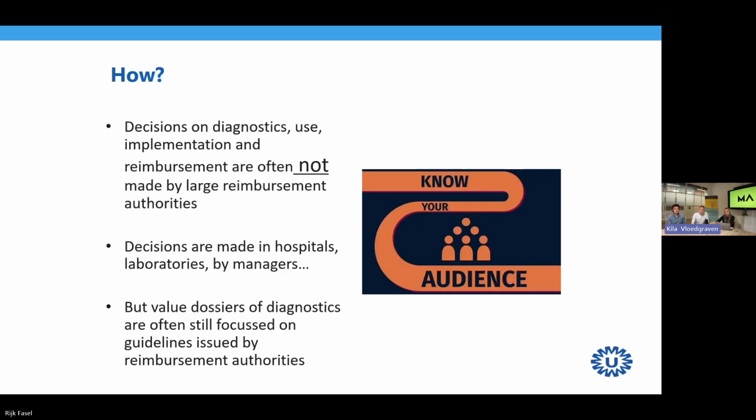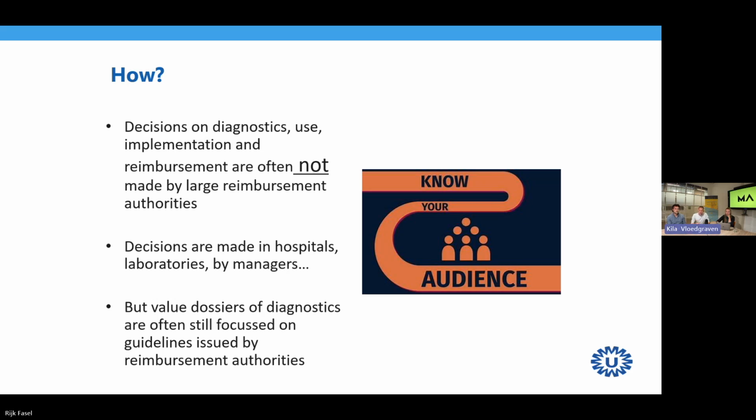But we do foresee some issues looking into the added value of diagnostics. One of the reasons is that the decisions on diagnostics, the use and implementation, are often not made by the large reimbursement authorities. Often these decisions are made in hospitals, in laboratories, or by managers themselves.